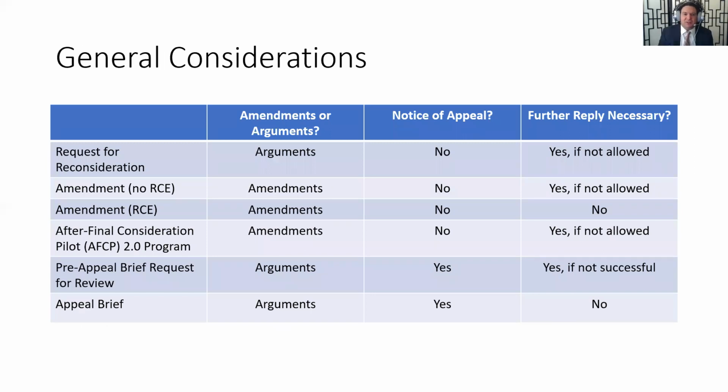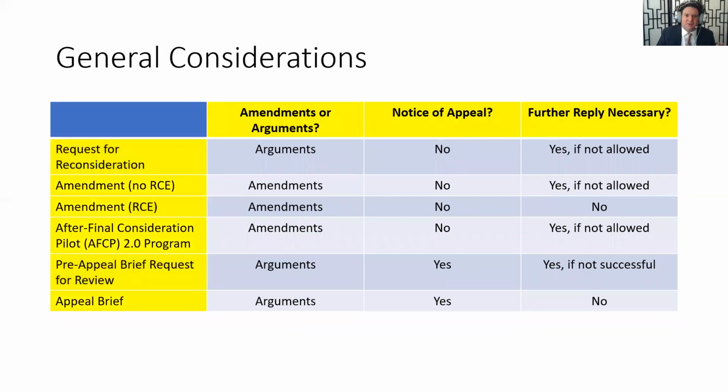So this is the chart we're mostly going to focus on today. Let's go down the left column here. These are the different types of responses that you can file to a final office action. You can file a request for reconsideration. You can file an amendment without an RCE, that's an amendment under 37 CFR 1.116.